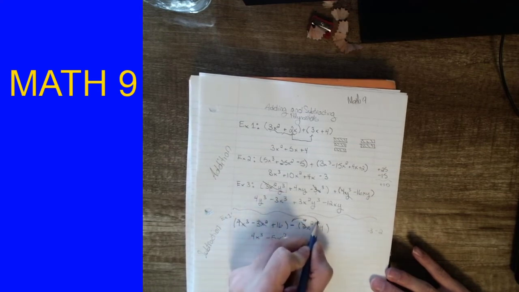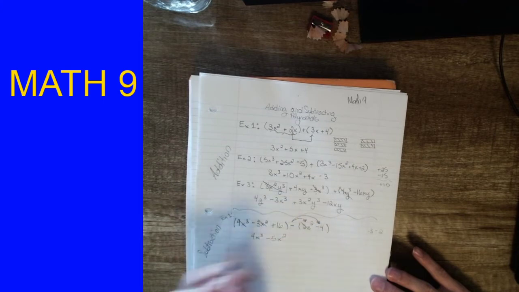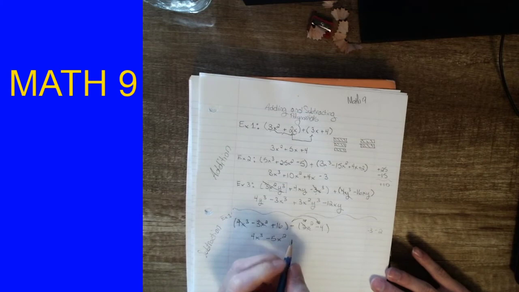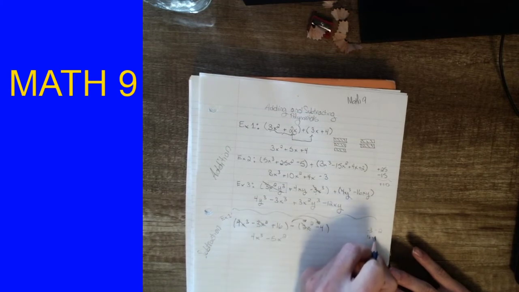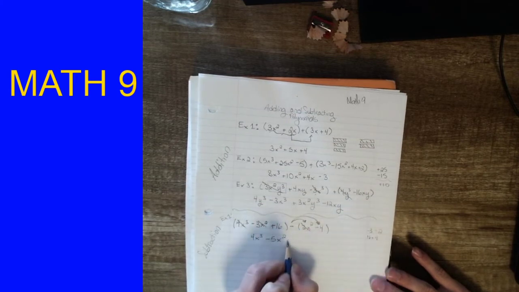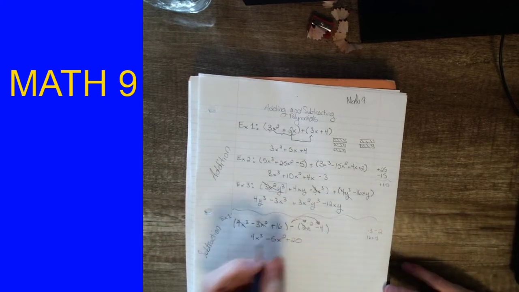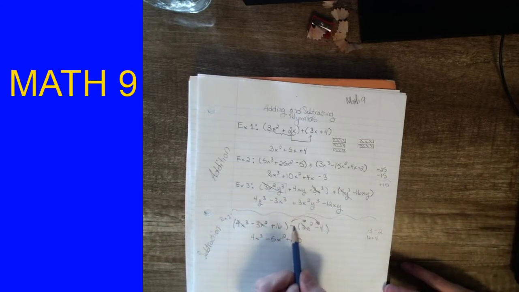Arrows help me realize I'm subtracting both terms. So subtracting a negative is like saying 16 plus 4, which is 20. Positive 20. Now, that's the main, very, very important difference that we sometimes have to be cognizant of for subtraction.